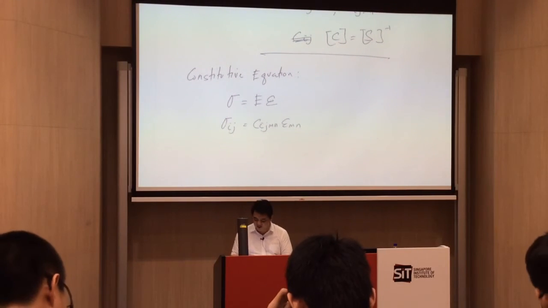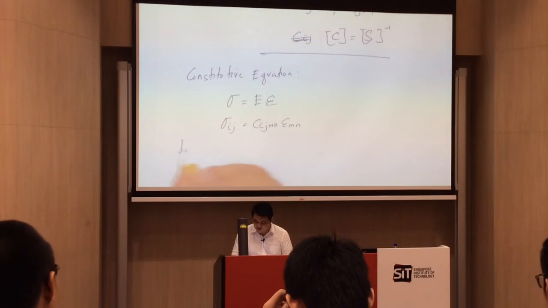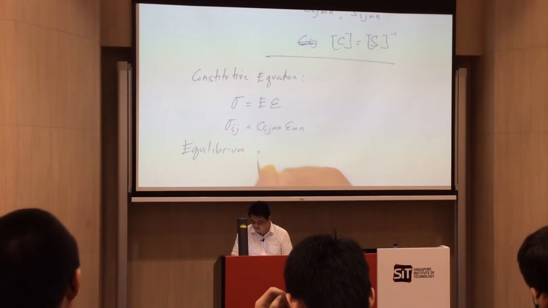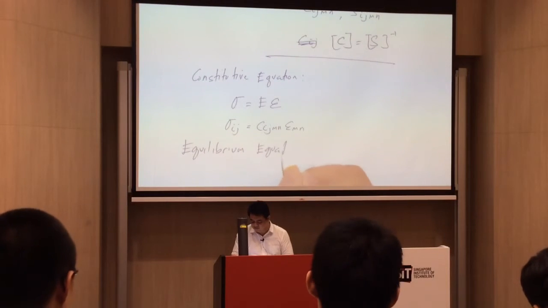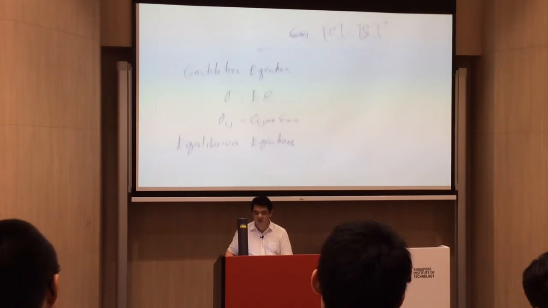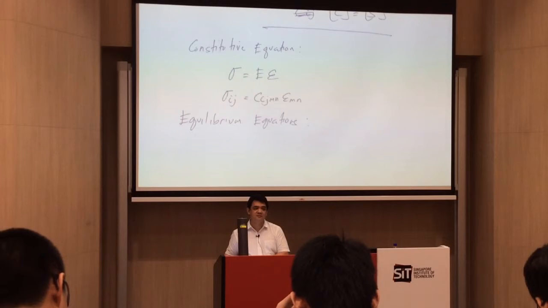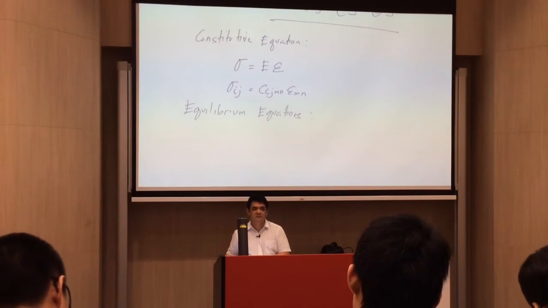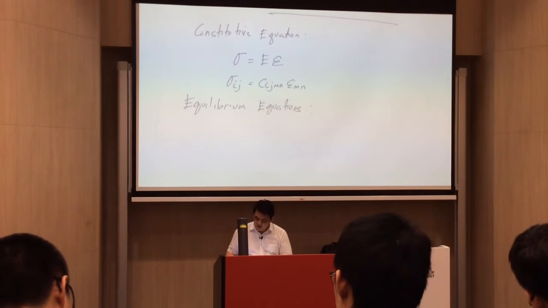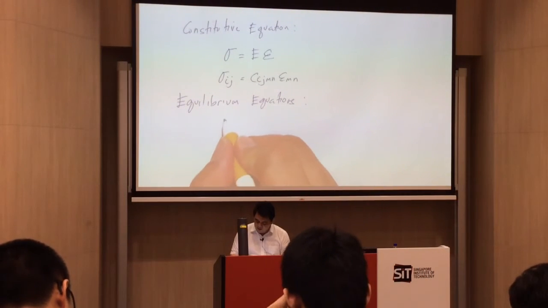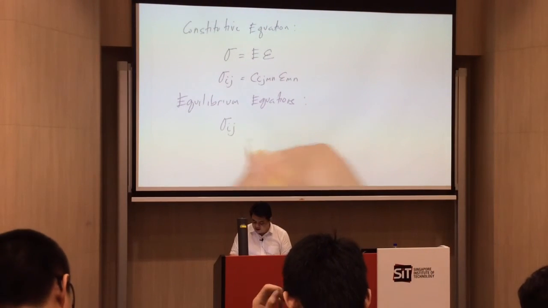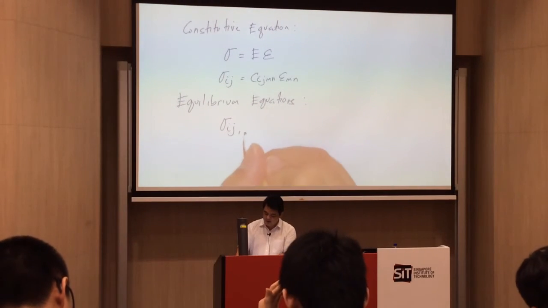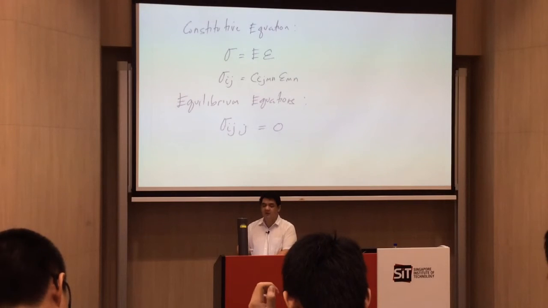Another definition that we had will be your equilibrium equations. Yes? So this equilibrium equation, to make it simple, sigma ij comma j is equal to 0.